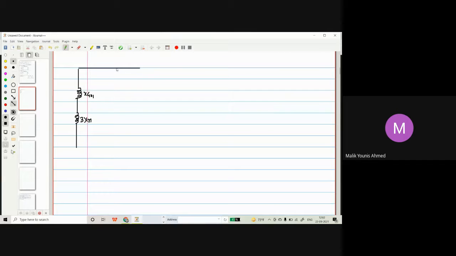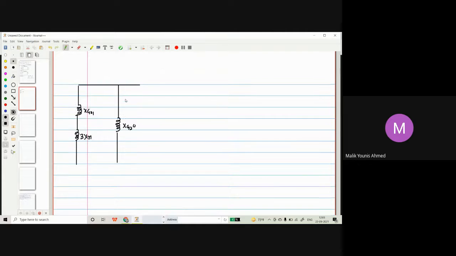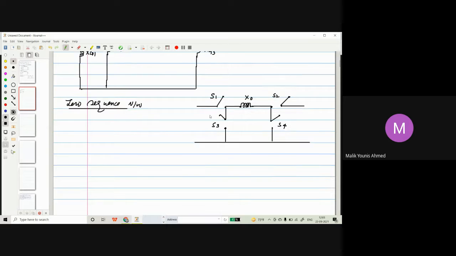So that will be XG2 of 0. Next is the transformer. Have a look at the transformer in the switch diagram.